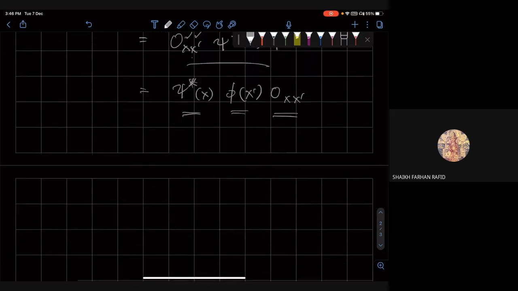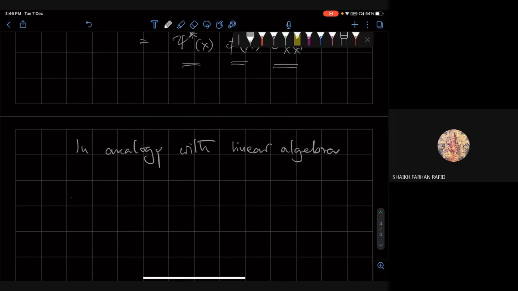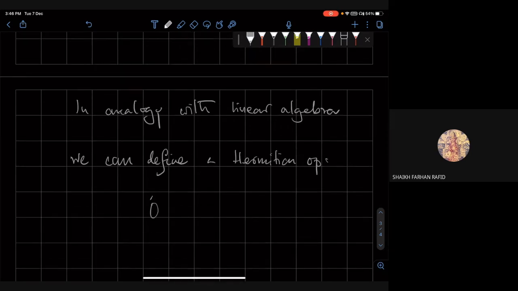So then what we say is that, in analogy with linear algebra, where we have Hermitian matrices, we can define a Hermitian operator in the following way. First, we define what the Hermitian conjugation is.